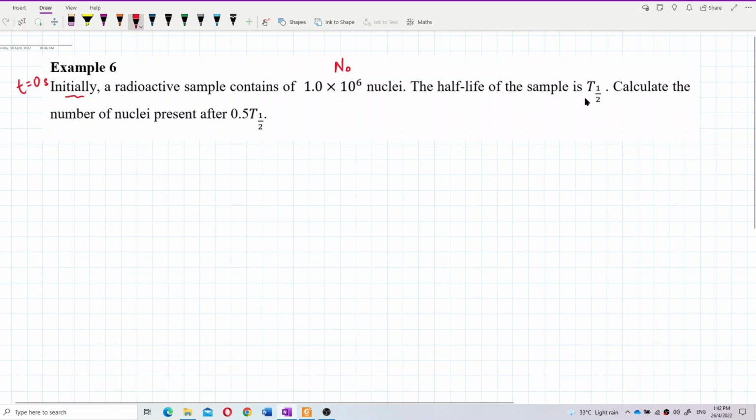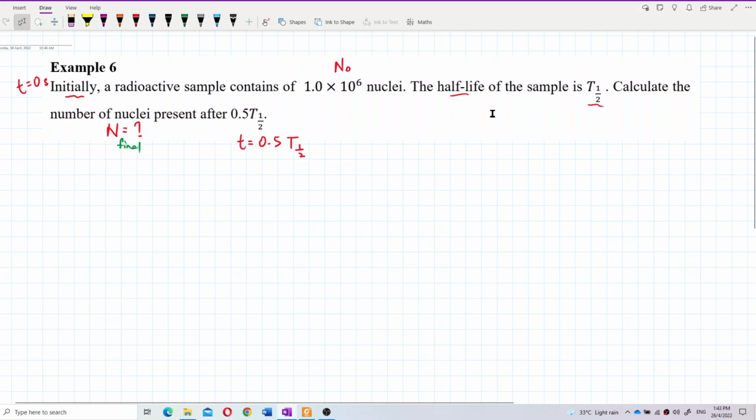Then we find the number of nuclei present, that means the final number of nuclei after this time taken, which is time equal to 0.5 half-life. So this is the total time taken, and we want to find the final number of nuclei after this time.